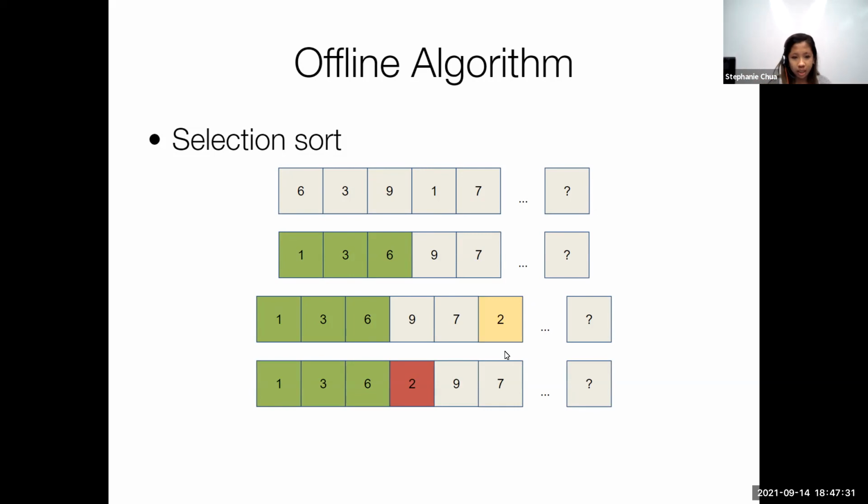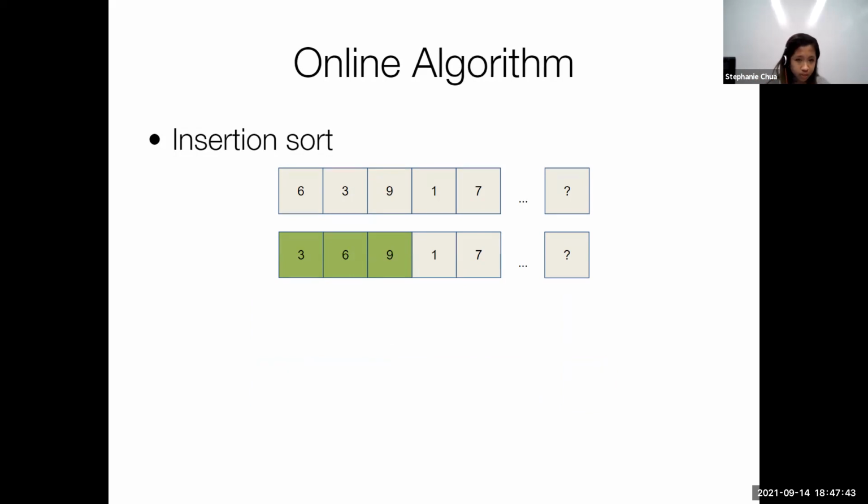So actually, our next example to counter selection sort is insertion sort. Insertion sort is online because we'll go through the exact same cases as for selection sort, but we'll get a different result. So here, we have 6 3 9 1 7 again.